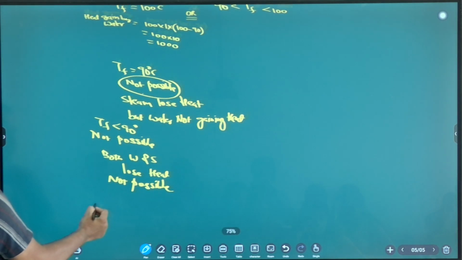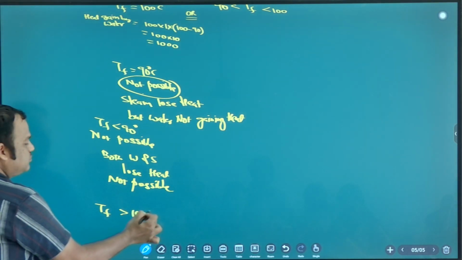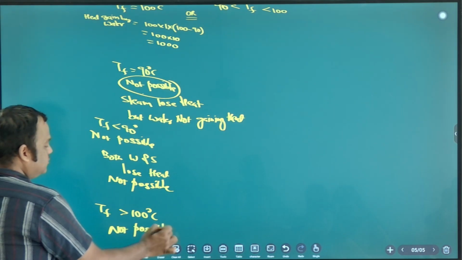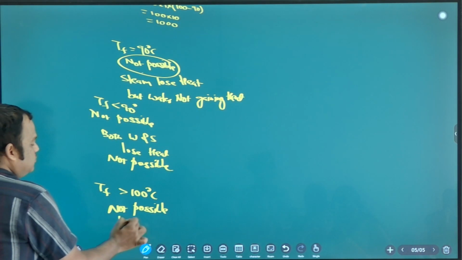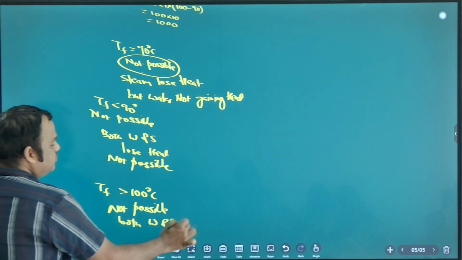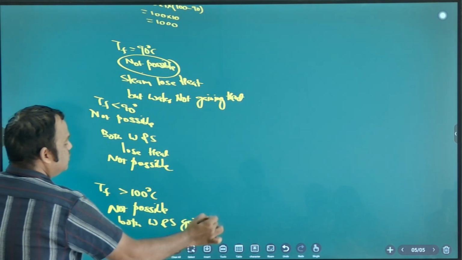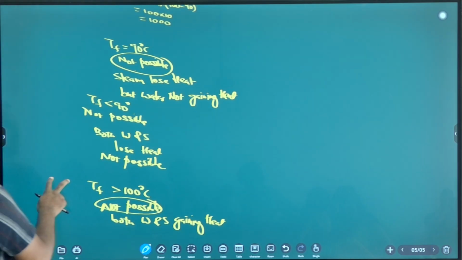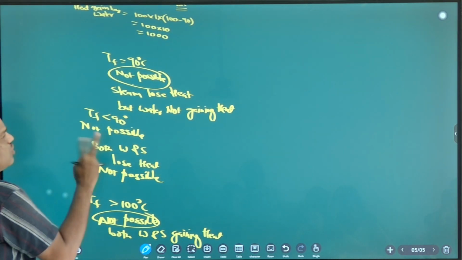Final temperature more than 100 possible? Not possible. Why? Both gain heat, both water and steam gaining heat. So not possible. One should gain, the other should lose, because only two substances are there.